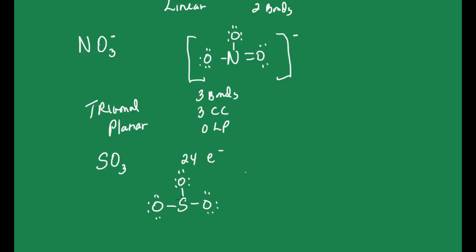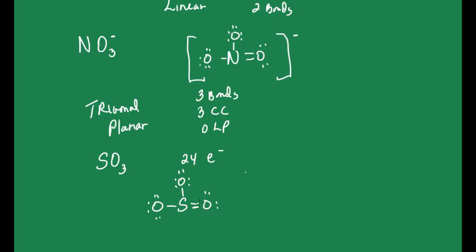Okay, so we see everything has an octet. Oh, we have to count the number of electrons. So we have 18, 20, 22, 24. So we need an octet on the sulfur. So let's go ahead and move a pair of electrons from the oxygen, and we'll form this double bond here. So now everything has an octet.